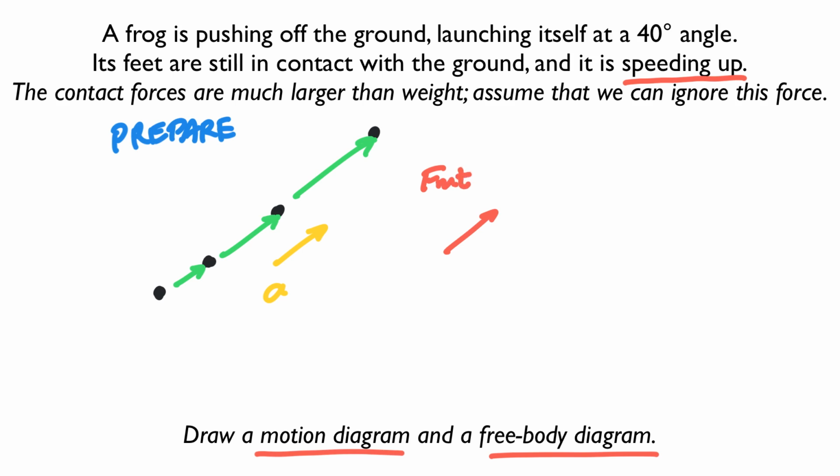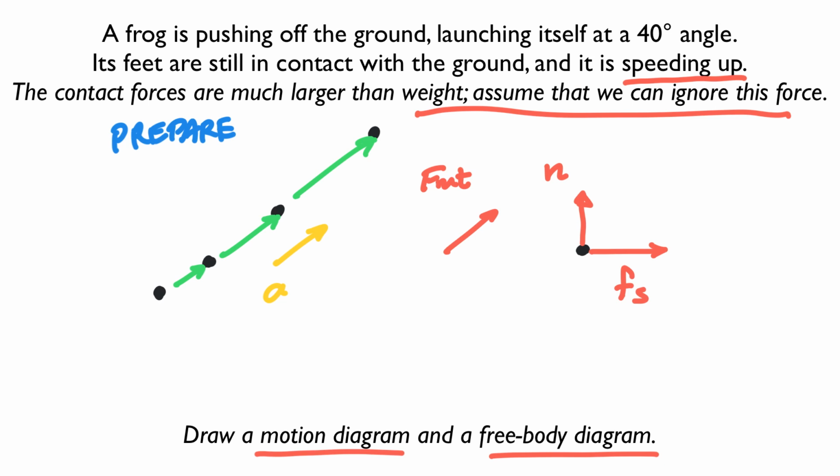But I also know that the forces on the frog come from the surface, and there are only two forces that can come from the surface. There's a normal force, which is perpendicular to the ground, and a friction force, which is parallel to the ground. And it's going to be static friction, because we assume the frog's feet aren't sliding. And we have ignored the weight force in making this diagram.